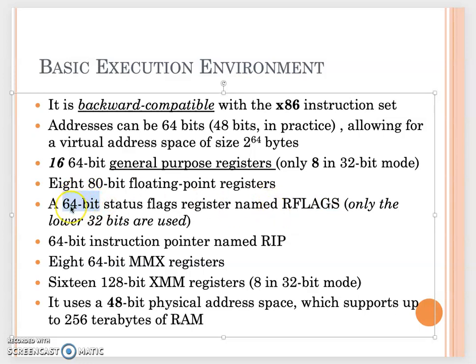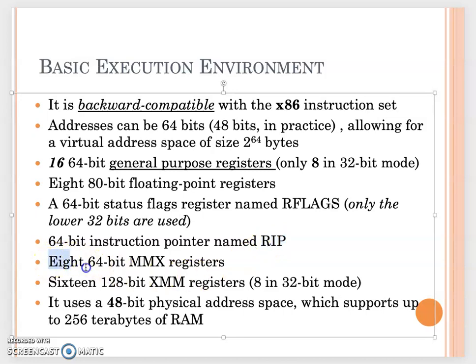So 8 bytes is 64-bit. But even though we give them 64-bit, we don't have that many status flags. So that's why they say they're only using the lower 32 bits. Okay, then your instruction pointer becomes RIP, of course 64-bit.